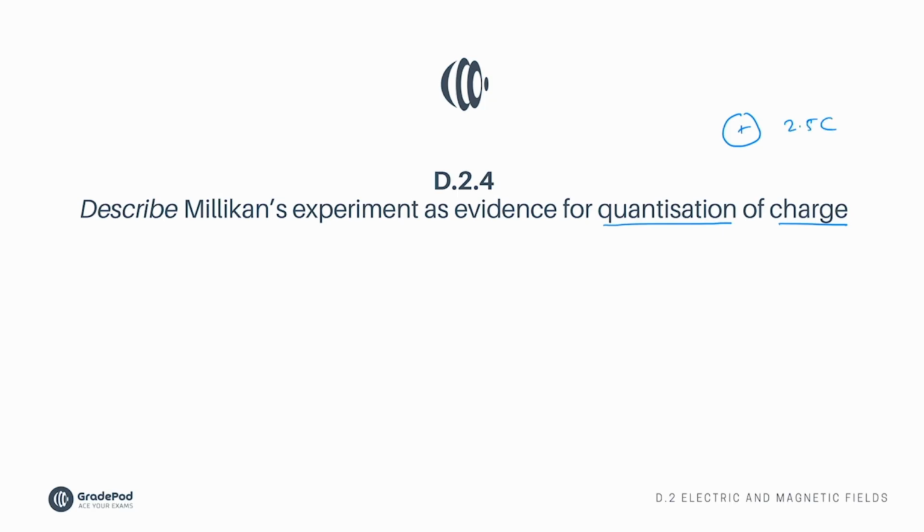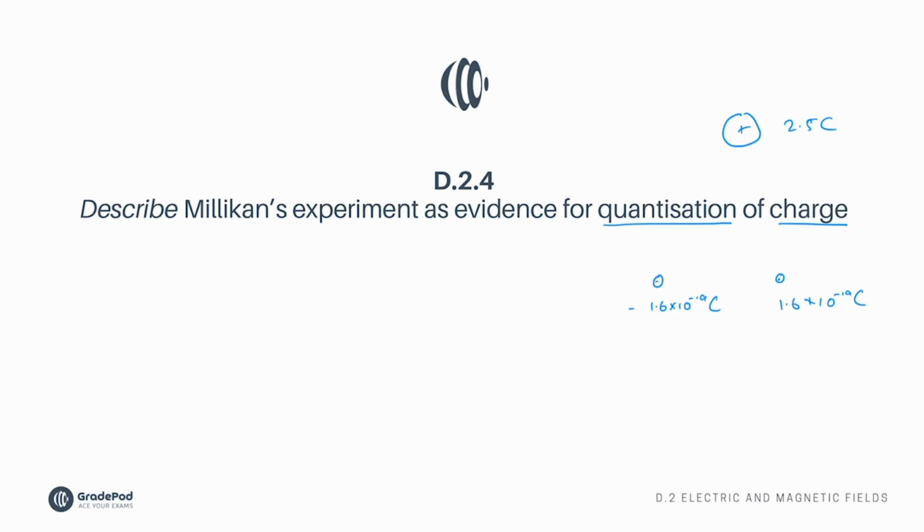But we know that those charges are made up by either a number of protons or a number of electrons. And each electron has a charge of 1.6 times 10 to the minus 19 coulombs, and each proton has the charge of plus 1.6 times 10 to the minus 19 coulombs.